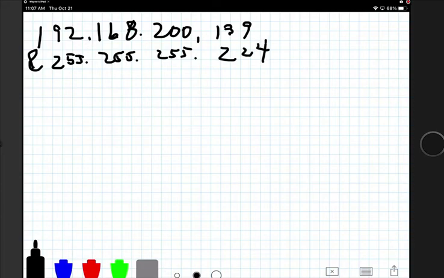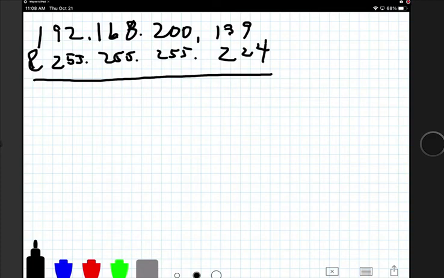Now, one thing we could do is convert all 32 bits to binary, AND them together, and then convert them back to get the answer for the first question, the network address. But one thing that you should remember is anything ANDed with 1, if we're talking about bits, is itself.